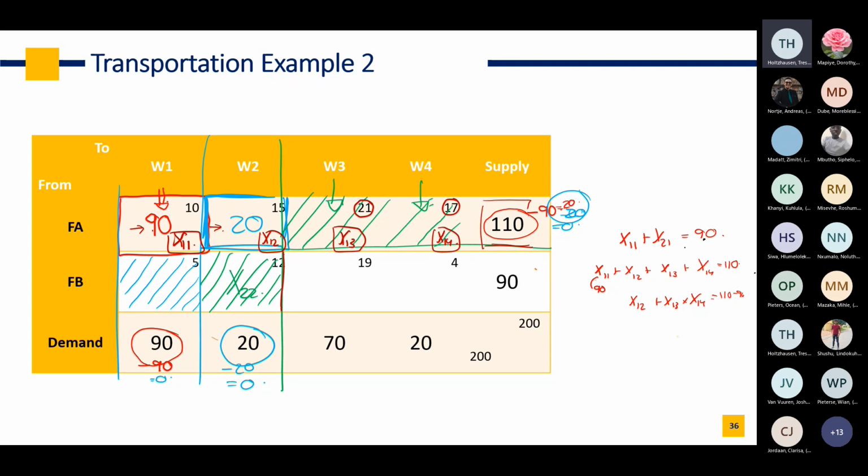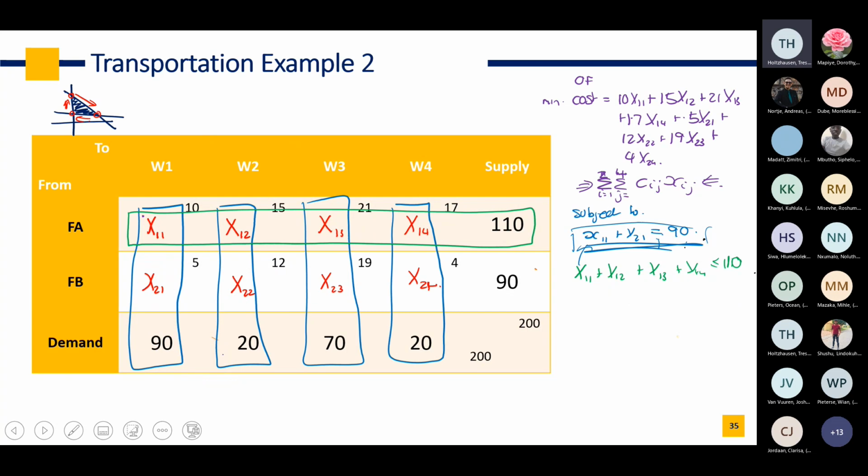So we've already met our constraint. We can't go any further there. So x13 and x14 can't have values if we want to maintain our constraint. It can be a bit frustrating because you do have your cost values sitting there in the table, so just be very, very careful when you read your tables.